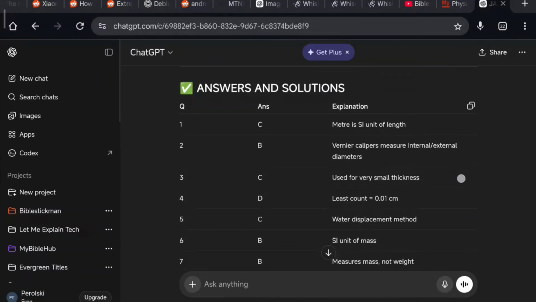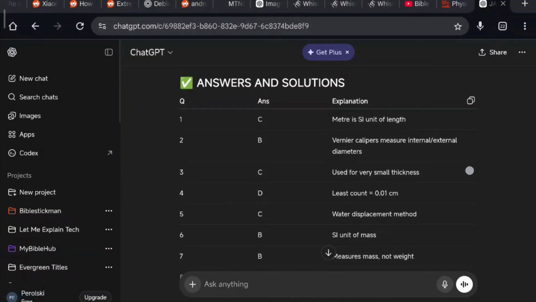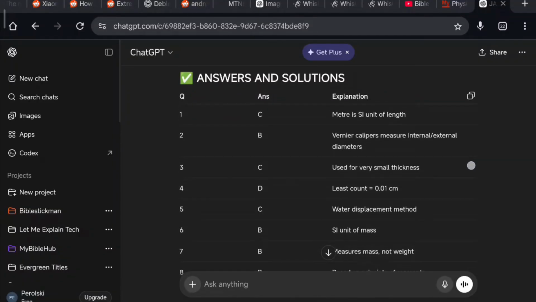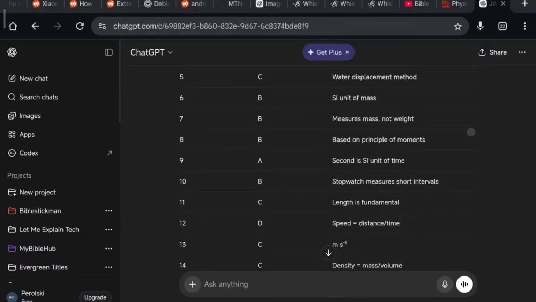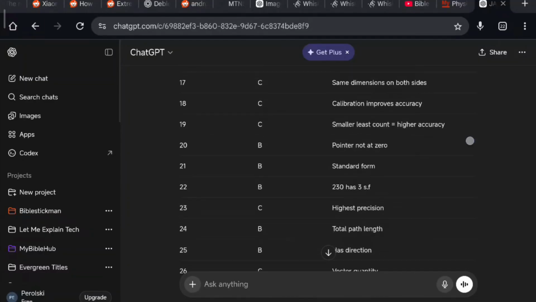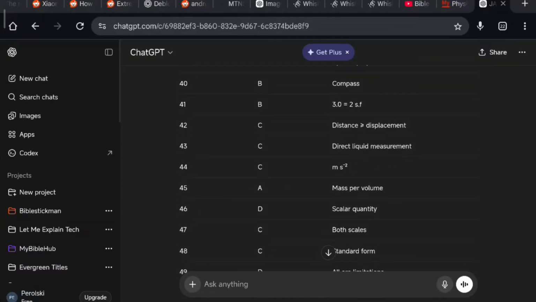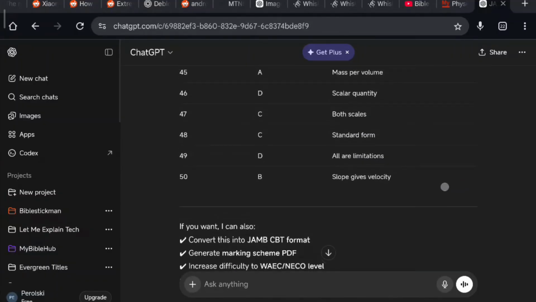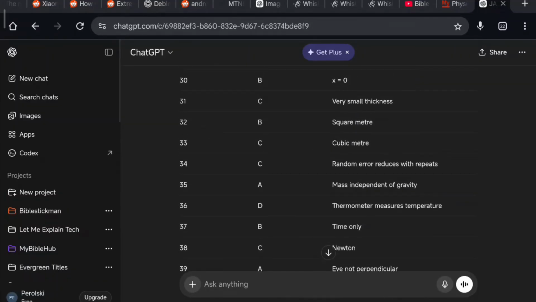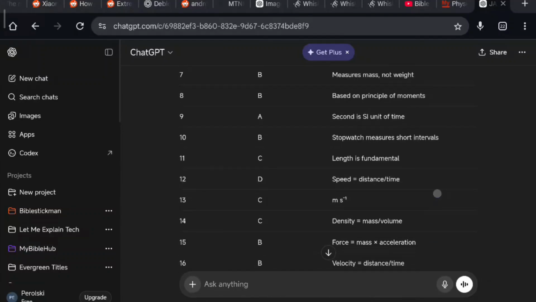So you can see number 1, the answer I see, meter is the SI unit of length, and the rest. Now for the vernier caliper, number 4, you see that the least count equals 0.01 centimeters. So you can see the options and the correct answers as written by AI. This is how you can practice, and you keep on practicing.